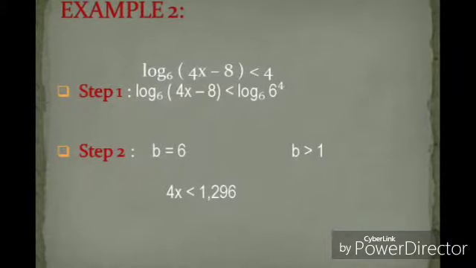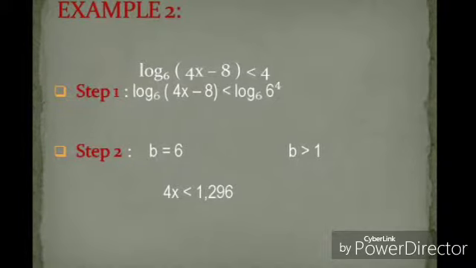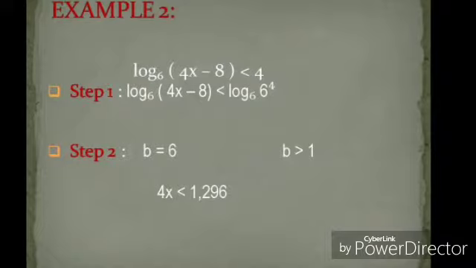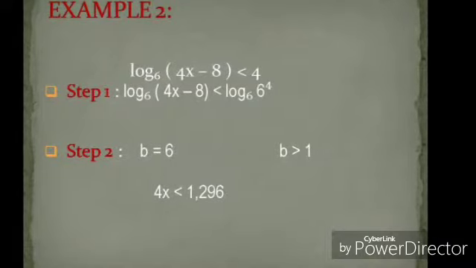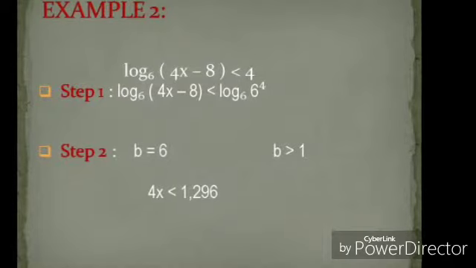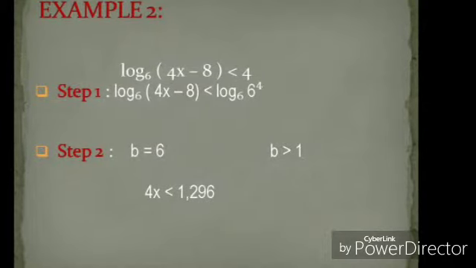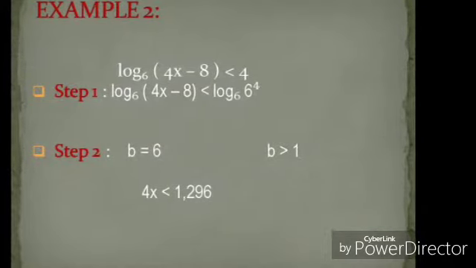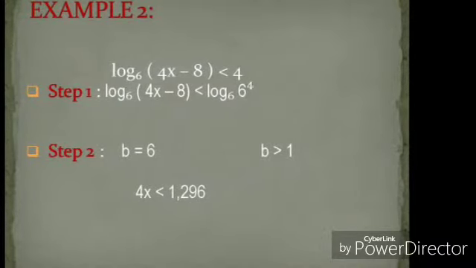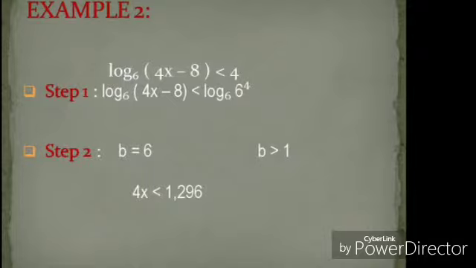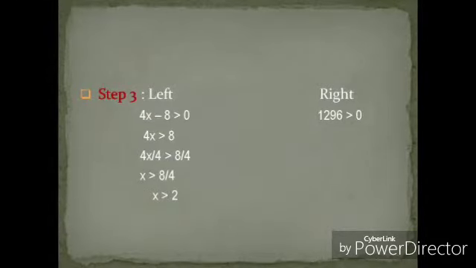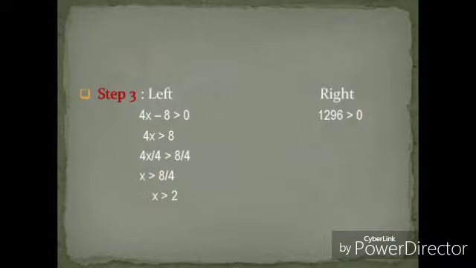Check if the base is greater or less than 1. b is equal to 6, so the base is greater than 1. The sign is less than in the given, so each side of the equation should be put together with the inequality. Let's drop the base. So it will be 4x minus 8 is less than 1,296.